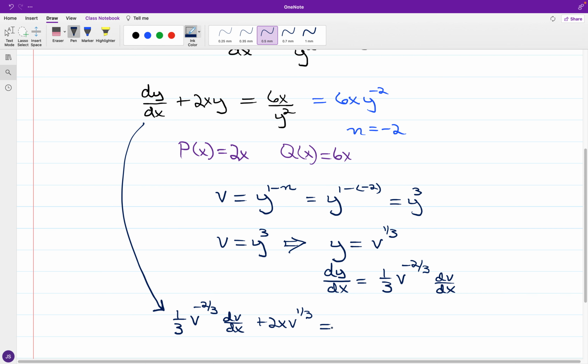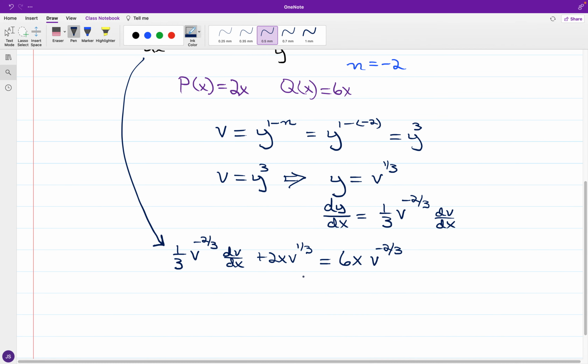If y is v to the 1/3, then y to the negative 2 is v to the negative 2/3. So this is what we have in substitution terms. To get the first term in the form of just dv over dx, I can multiply the equation by 3v to the positive 2/3.